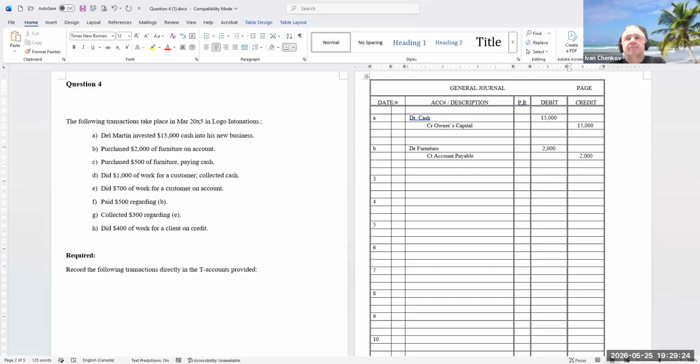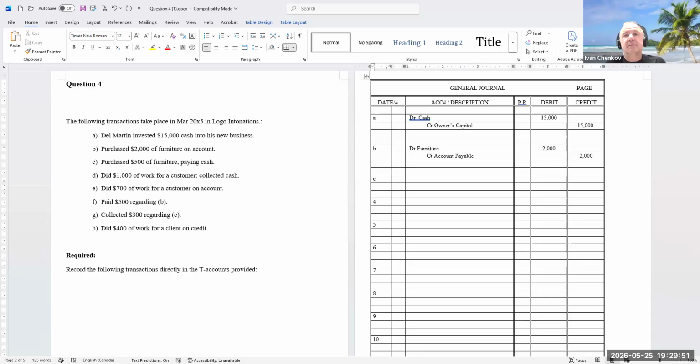Make sense? Everybody comfortable with this? You understand what happened? We get the asset, we didn't pay for it, but we have to pay later. So since it's on account, it's going to create accounts payable for us.